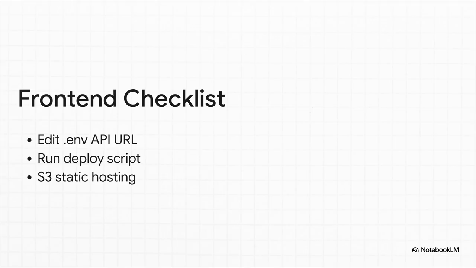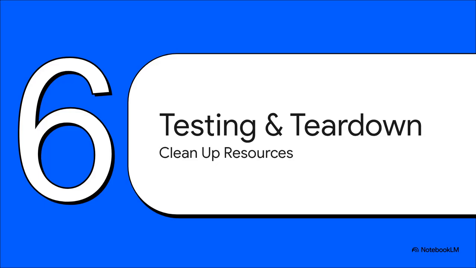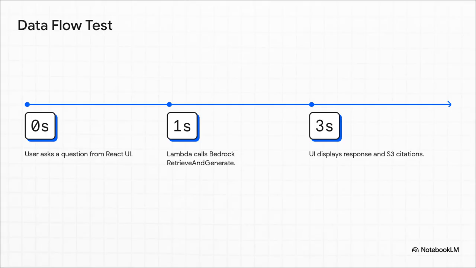Pretty cool, right? Now for our final section, testing the whole system. And, just as importantly, tearing it down to clean up our resources. Let's see how this all comes together during a live test. Step 1. The user sits at their React UI hosted on S3 and asks, what is AI agent ensure? Step 2.